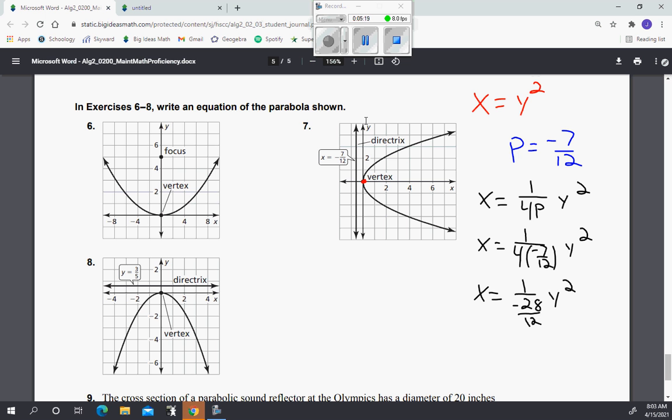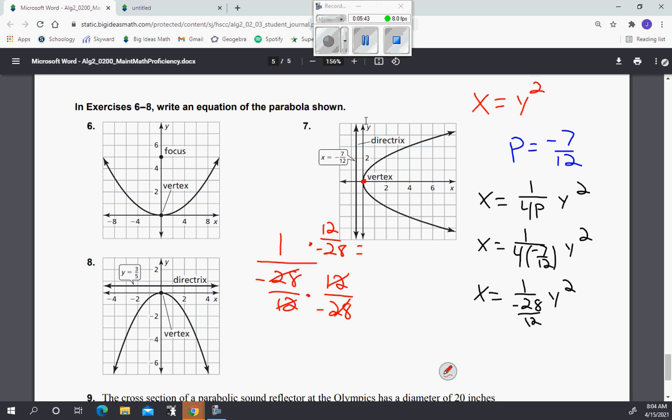Okay, now, to simplify 1 over negative 28 over 12, we're going to multiply by that reciprocal on both top and bottom. So when I multiply it on bottom, it cancels out. It becomes 1 underneath, which is what we wanted. We also have to multiply that on top.